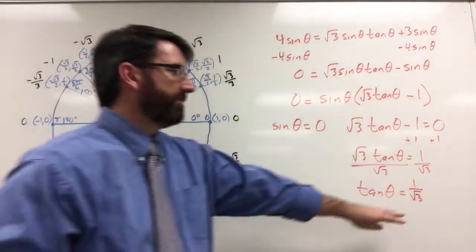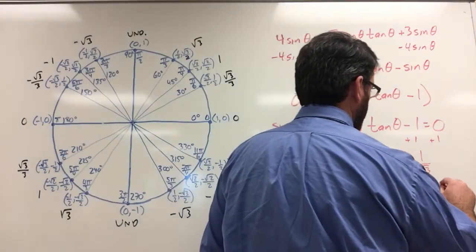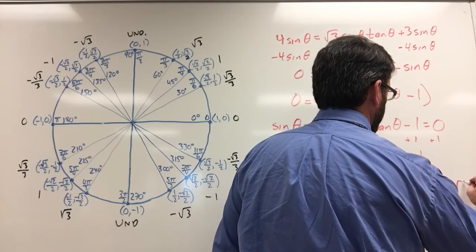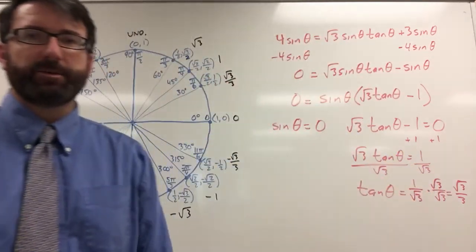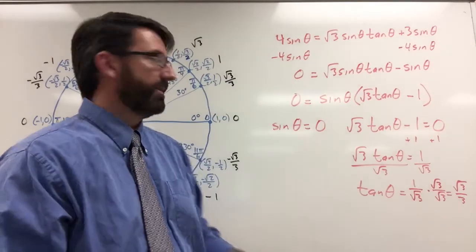But we're going to want to rationalize our denominator there. If we multiply top and bottom by square root of 3, we get that this is equal to the square root of 3 over 3. So tangent's equal to the square root of 3 over 3, or sine of theta is equal to 0.